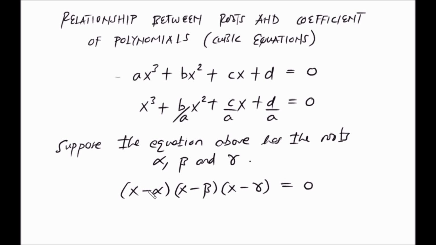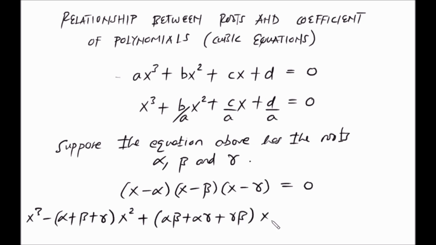So if you multiply these three carefully, you will see it will be x cube minus, so we're going to have alpha plus beta plus gamma x squared plus alpha beta plus alpha gamma plus gamma beta x minus alpha beta gamma is equal to 0.